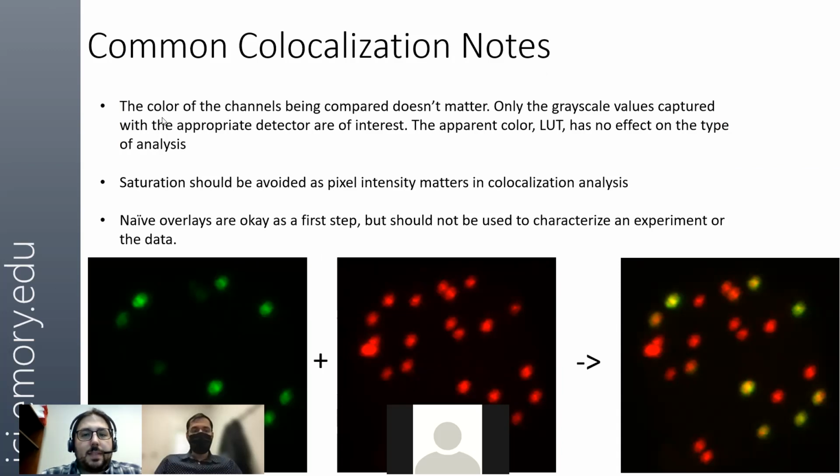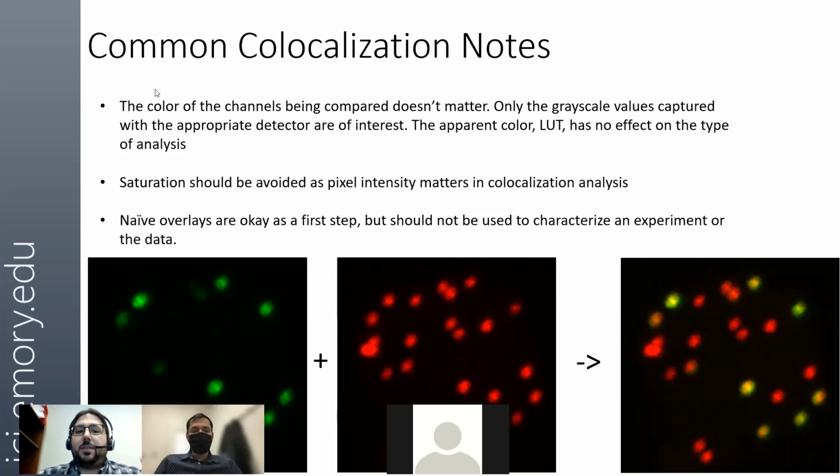One of the common ways that people sometimes investigate for co-localization is to just take two images, put one on top of the other, and see which pixels change color. This can be useful as a first order analysis, like, hey, yeah, there looks to be some co-localization in this set, but it can be misleading and it can be dangerous.